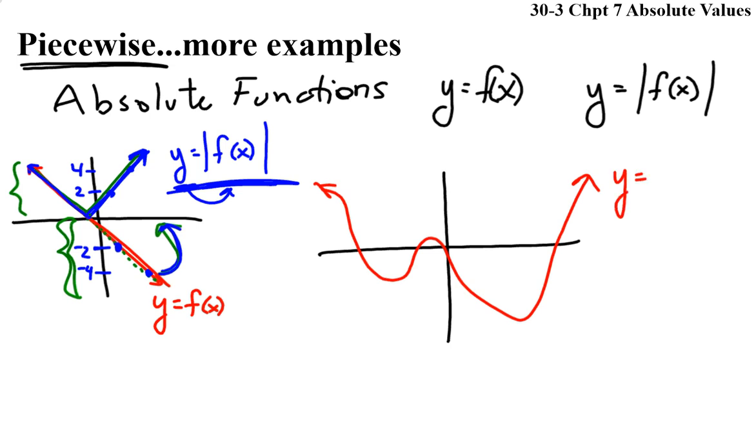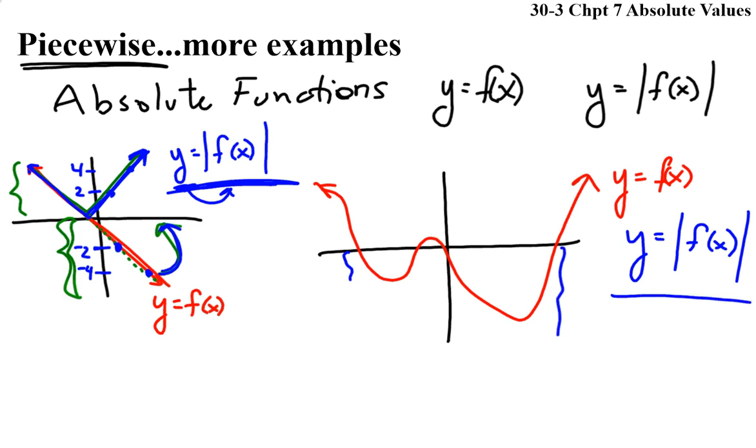But if that's your y equals f of x graph, we know that if we want the absolute for that graph, that's going to take all of these negative y values and have to make them positive, because that's what an absolute does. Y has to be everything positive.